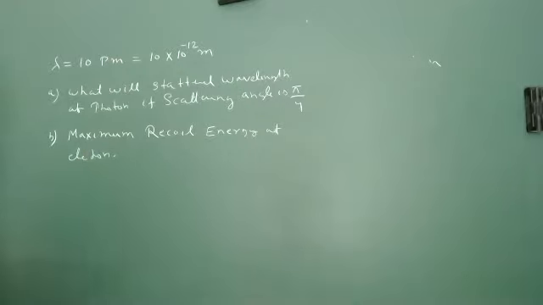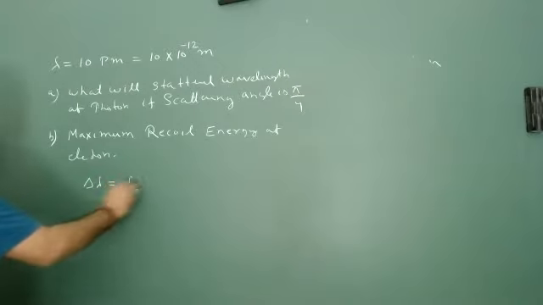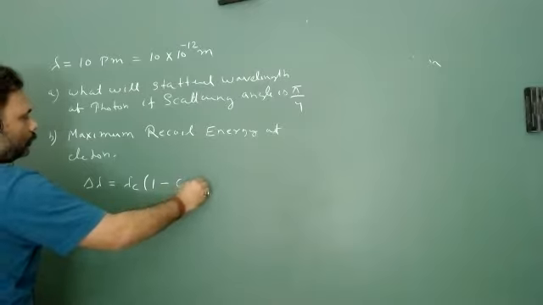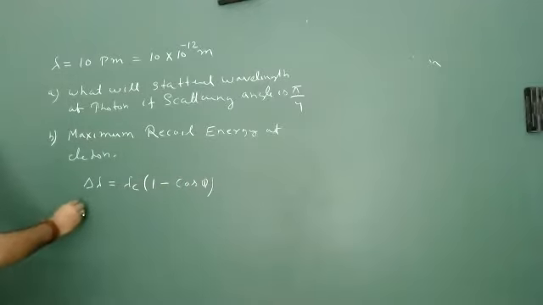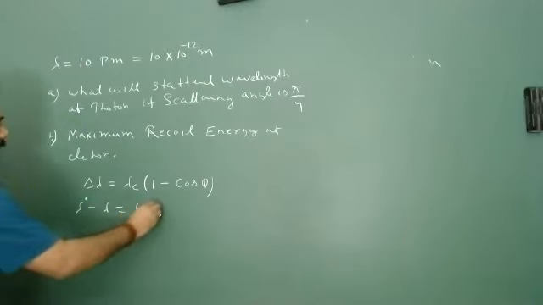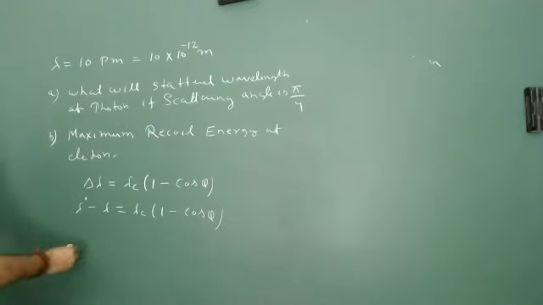So the first is very simple. What will be the scattered wavelength? We calculate delta lambda, and this delta lambda is all about lambda c and 1 minus cos phi. So lambda dash minus lambda is equal to lambda c times 1 minus cos phi. This is a very simple question, but this type of question also comes in your exam.